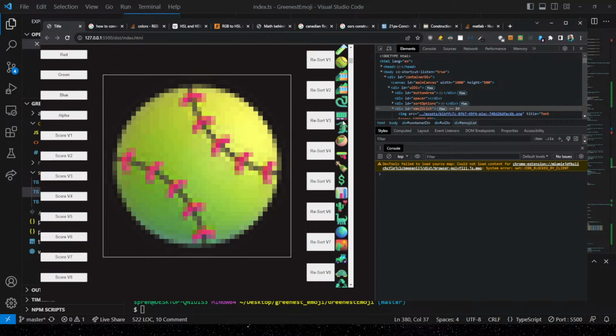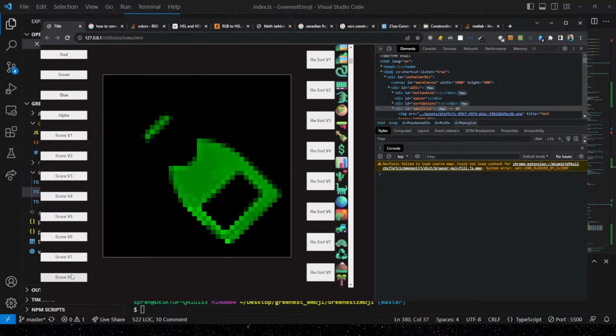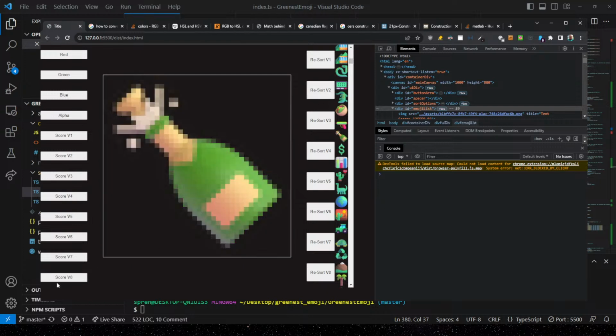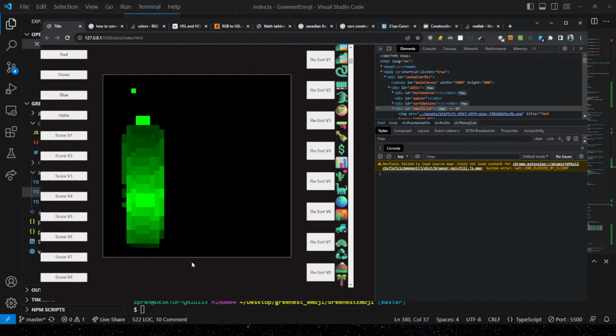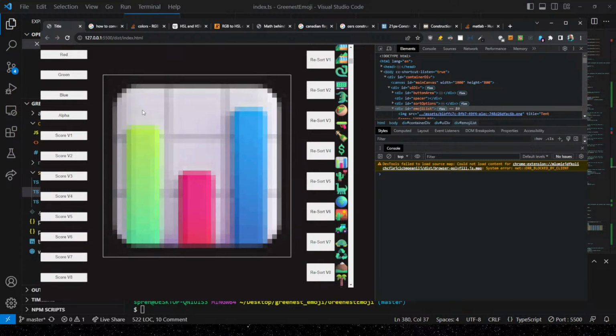This seems like an improvement so far. Oh, I love that so much. I mean, I don't love how this is considered green. That's weird.